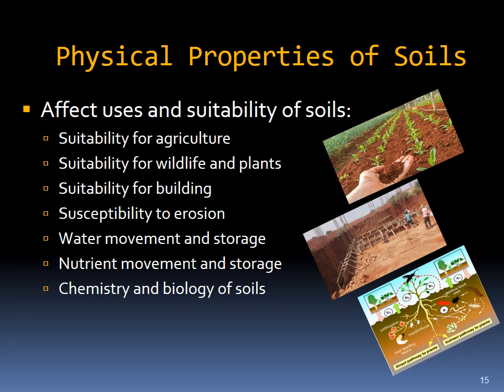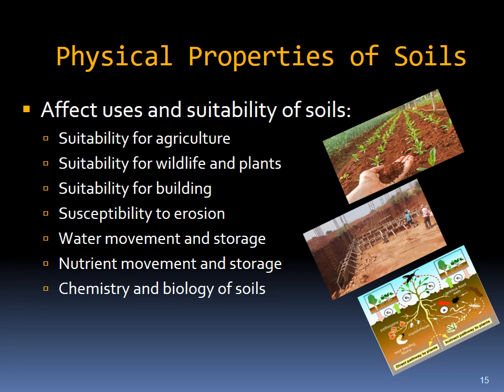For example, the physical properties indicate the suitability of the soil for agriculture. The physical properties determine the sustainability of wildlife and plants. The physical properties would tell us whether this soil is suitable for building or not. And it would also tell us whether this soil can be easily eroded or not.